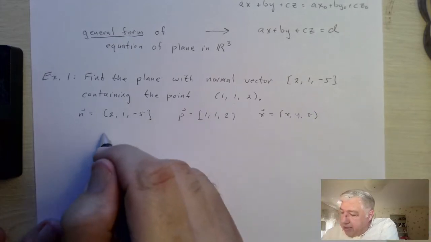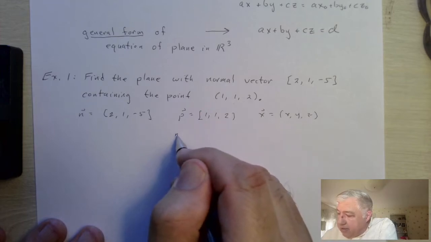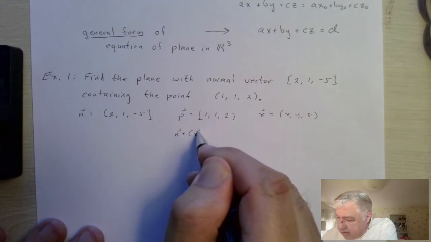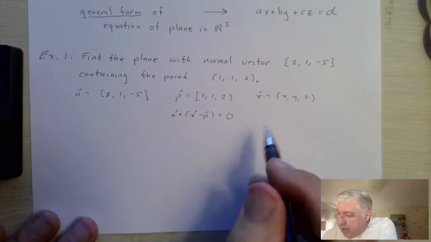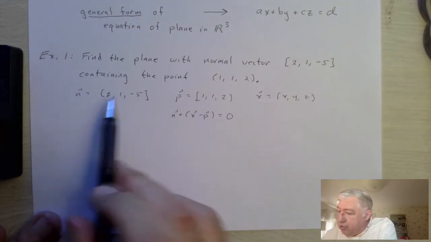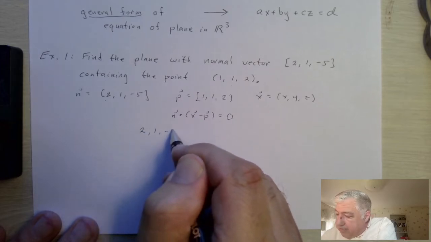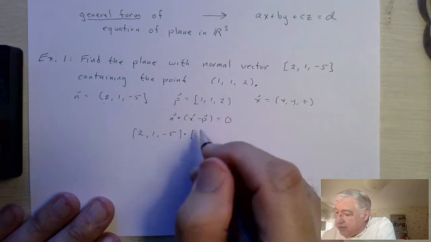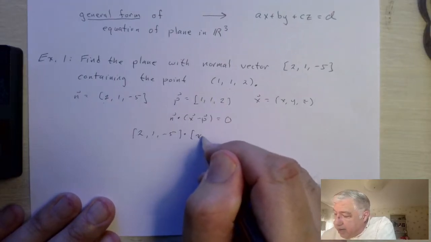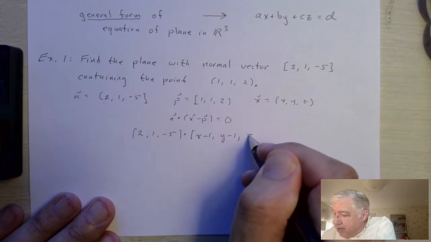So what we get is, we start with the dot product. I'll write this out: 2, 1, negative 5 dot x minus 1, y minus 1, z minus 2.